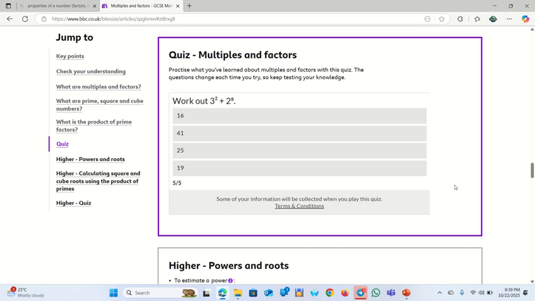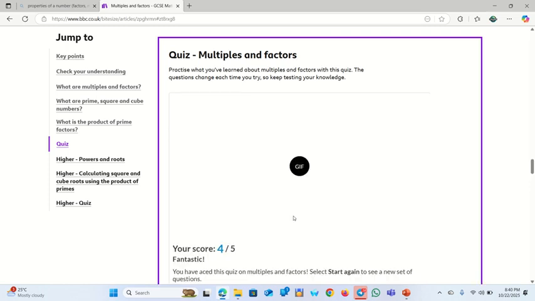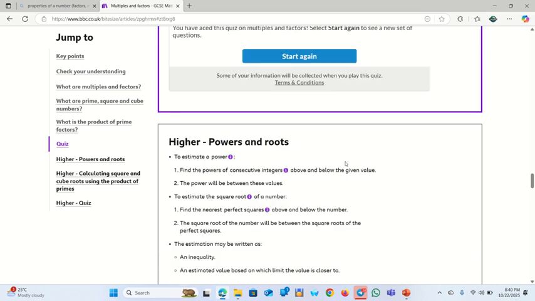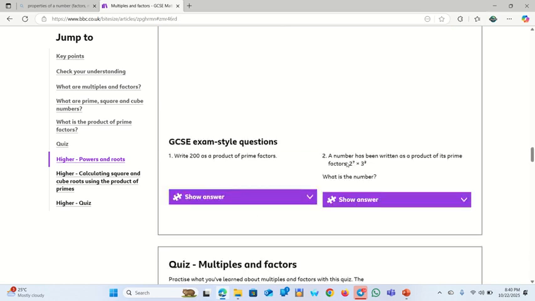Work out 3 squared plus 2 raised to the power of 5. That's 9 plus 32. What will you get? That's 41. Wow, 4 over 5, okay? Not bad.